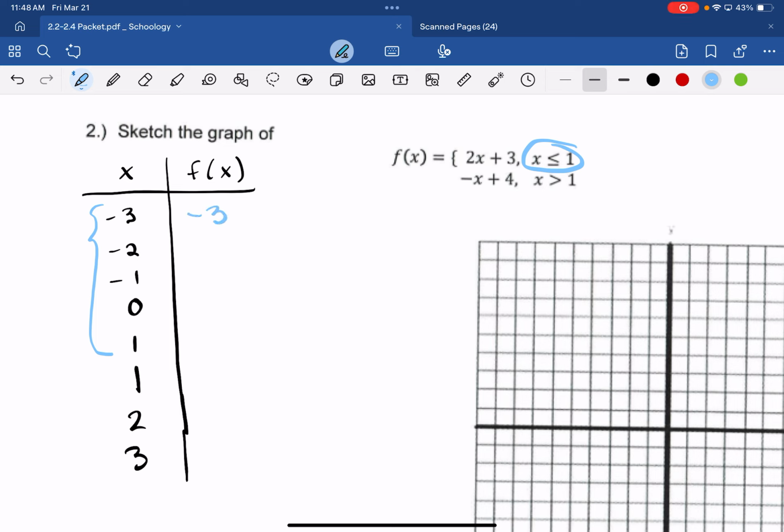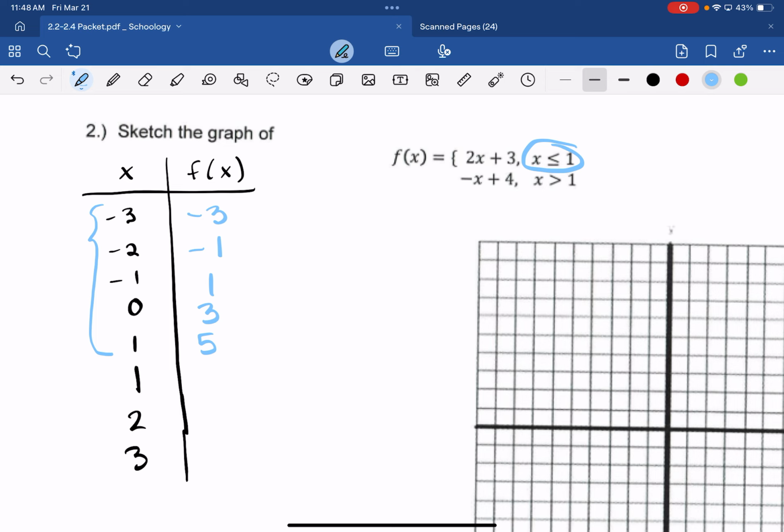You could be using your calculator for this. I'm going to do it in my head and do it pretty fast here, but you'll have your calculator. -2 times 2 gives me -4 plus 3 gives me -1. -1 times 2 gives me -2 plus 3 gives me +1. I have a 3 for 0. When I plug in a 1, I get 5.